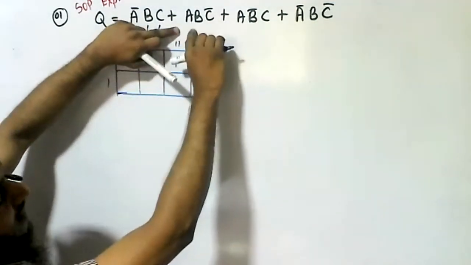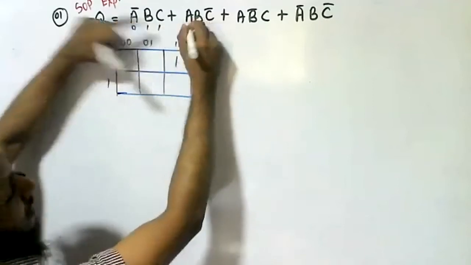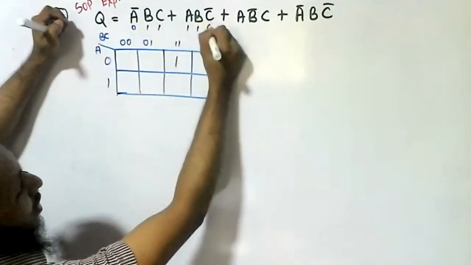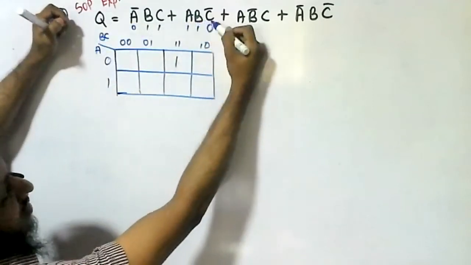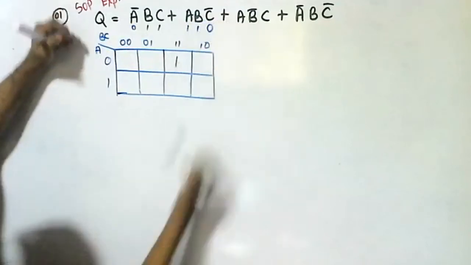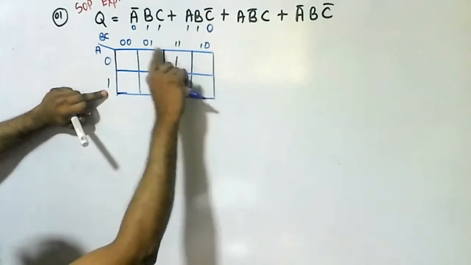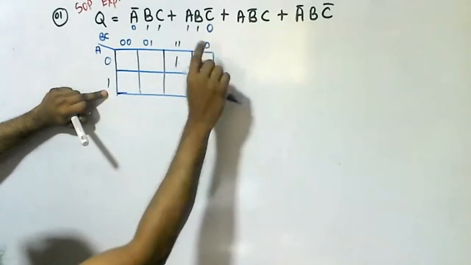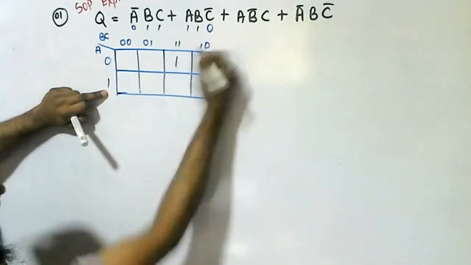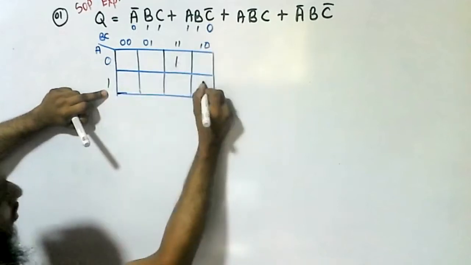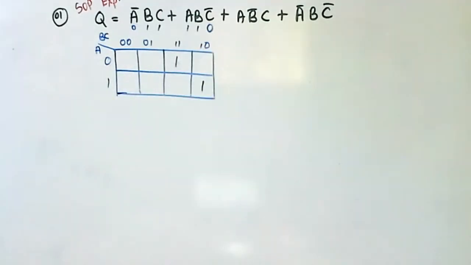Second min term. A, B, C bar. That means 1, 1, 0. A is 1, B is 1 here, C is 0 here. That means here 1, 1, 0. Here 1 comes. That is second min term. Okay.